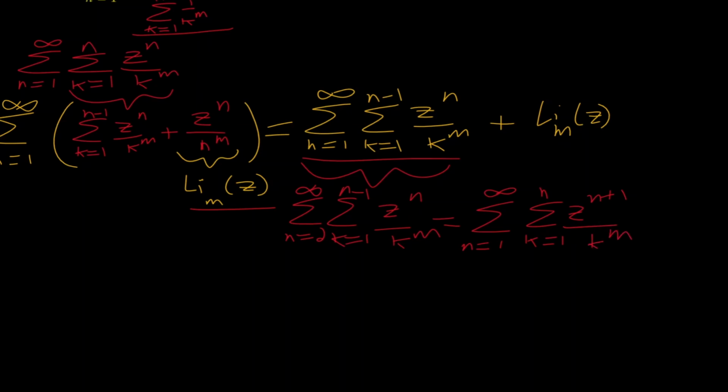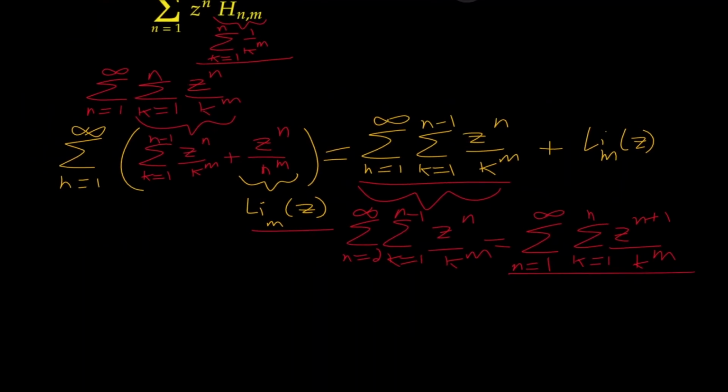But this right here we can deal with quite easily, and you'll see that we get effectively the same thing as before. So this right here is the same form of the thing we were originally dealing with right here. The only difference is that we have an additional z out front.